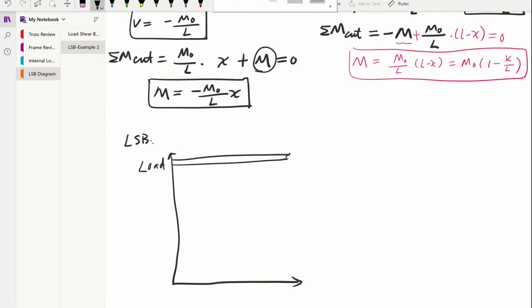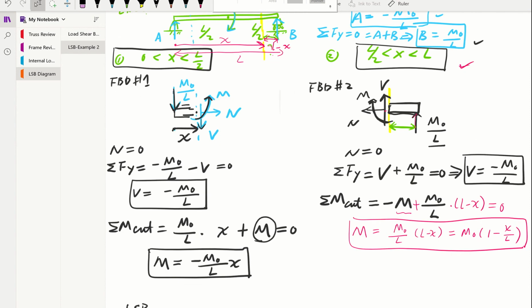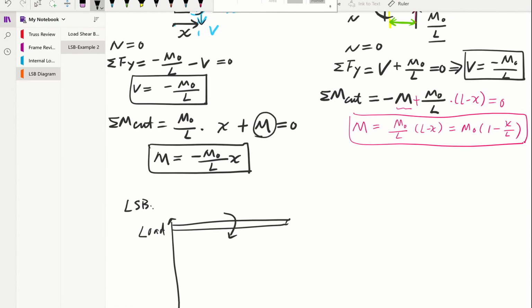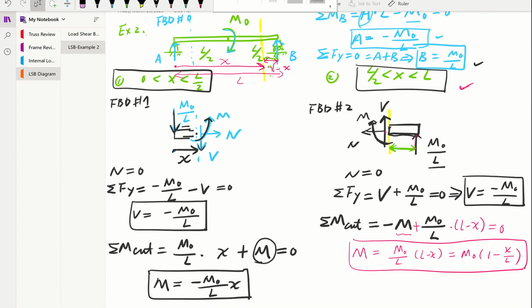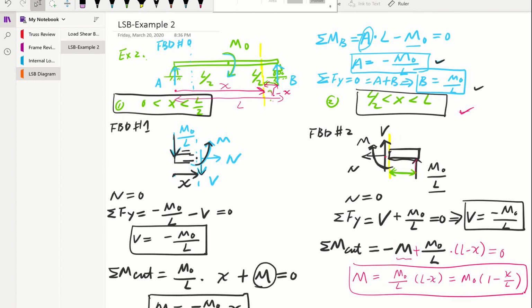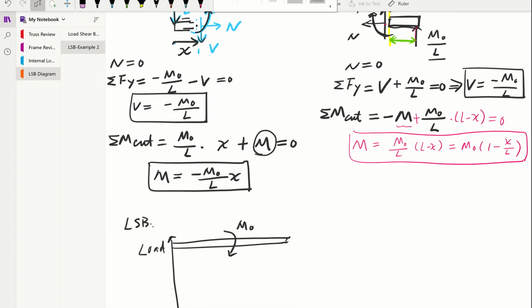And we have a moment right in the middle. We also calculate the load at A being this value, and it's negative, which means the true direction is going downward with m naught over L, and at this last point it's m naught over L.